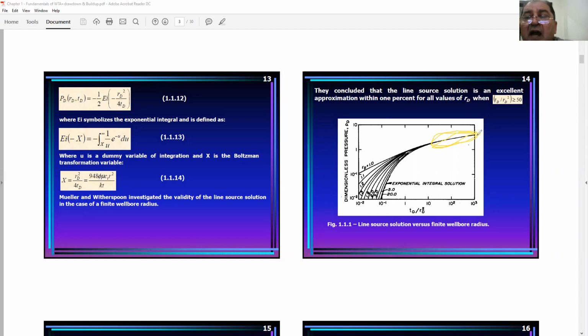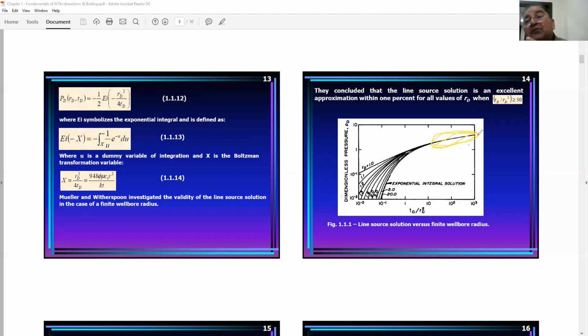This shape gives us an idea that the pressure distribution is not going to change at late production time, regardless of the distance of the point from the wellbore. So the pressure distribution is going to be the same at late production time for different R_D.